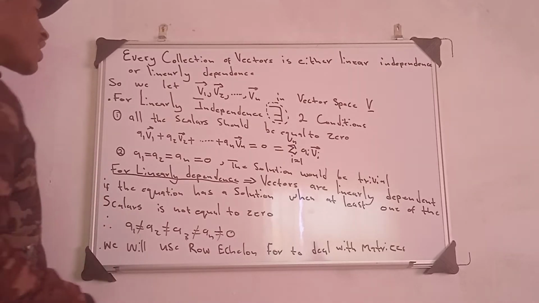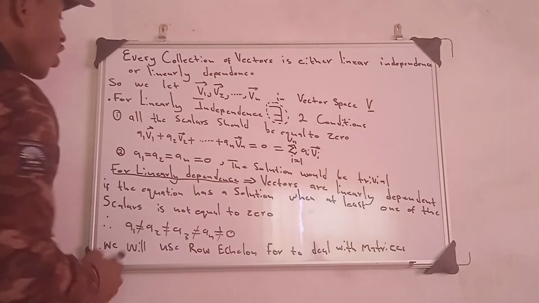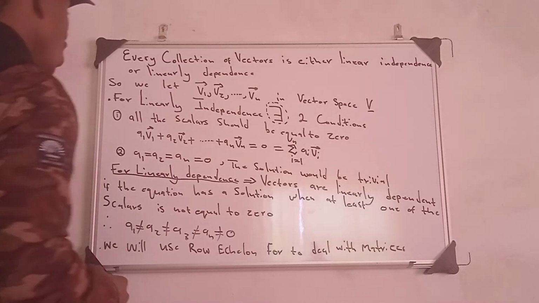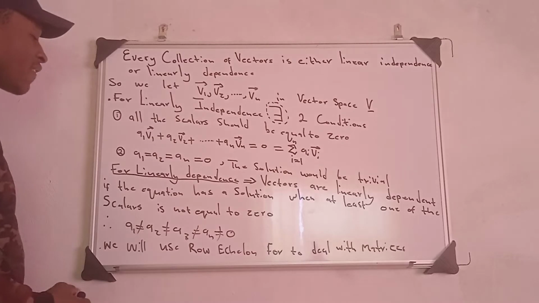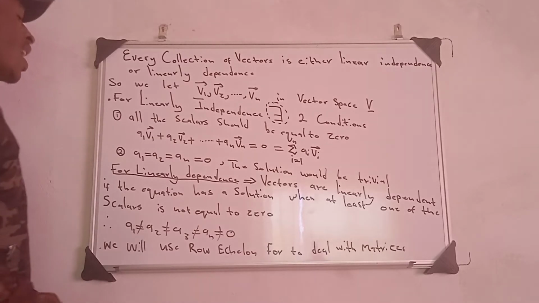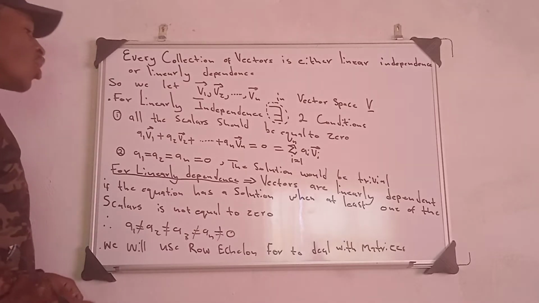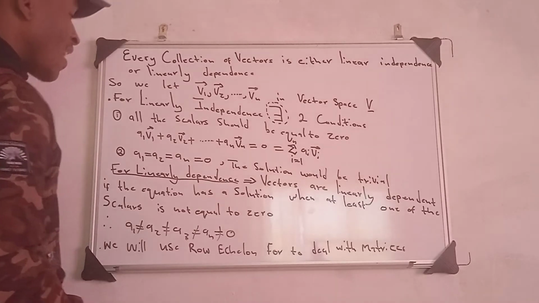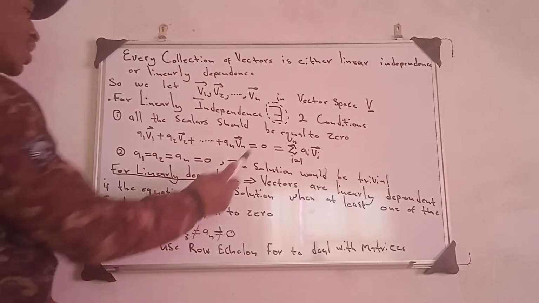The first condition says that all the scalars should be equal to 0. My scalar in this case will be represented by a. If we take scalar a1 and multiply it by its respective vector v1, then add a2 times v2, and so on up to an times vn, their summation should give us 0.